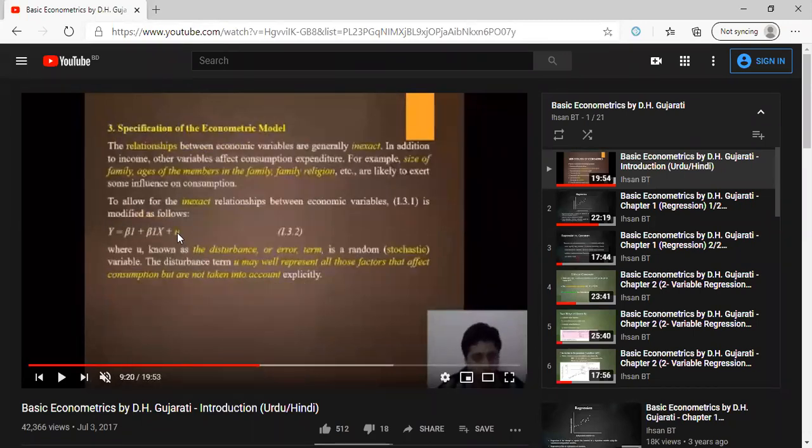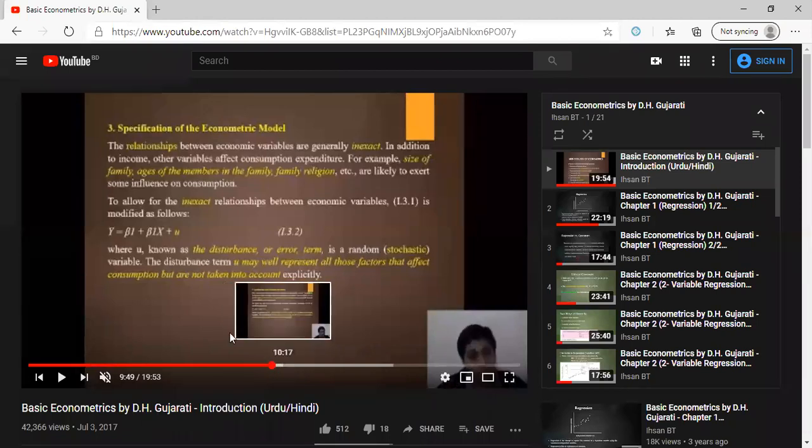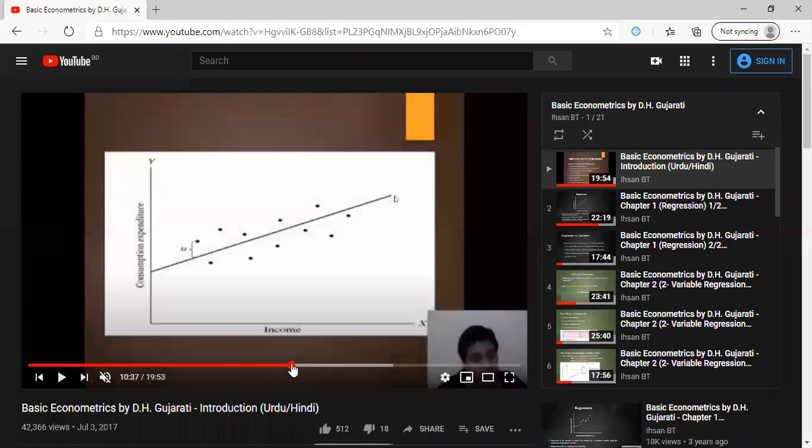Yes, this u. So if you give me an x value, you will get a y value, okay? If you know beta 1 and beta 2, forget about this u. If I give you an x value, will you get a y value? Yes, Professor. Let's say I give you x value 20, you get a y value 50.